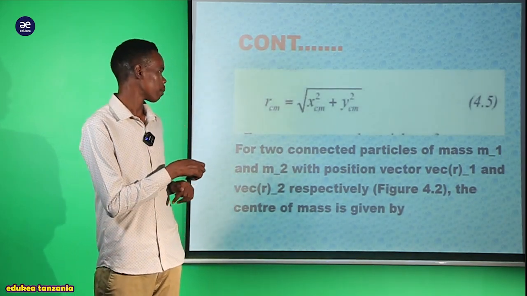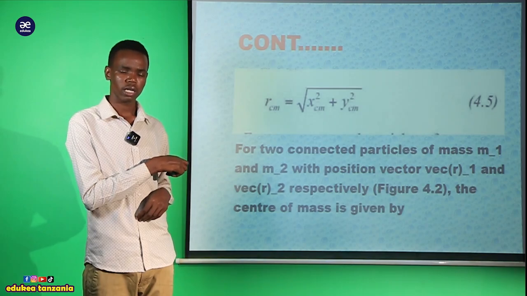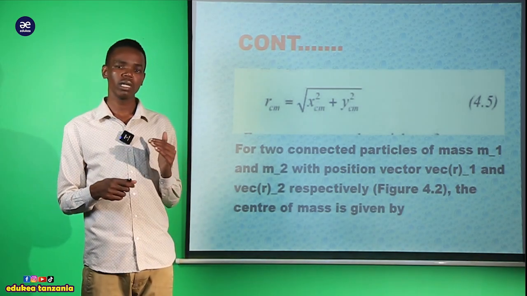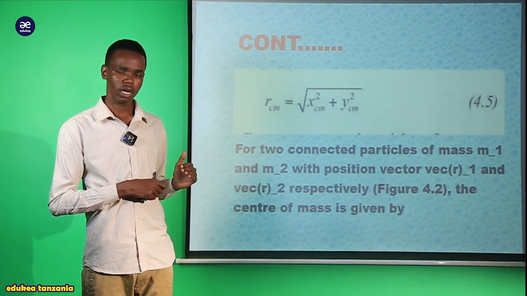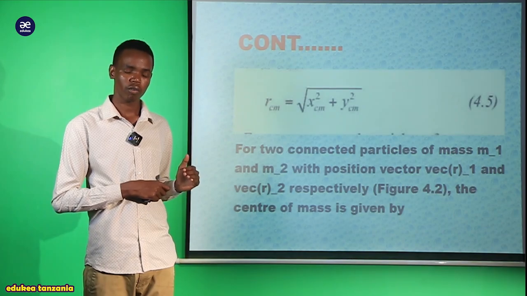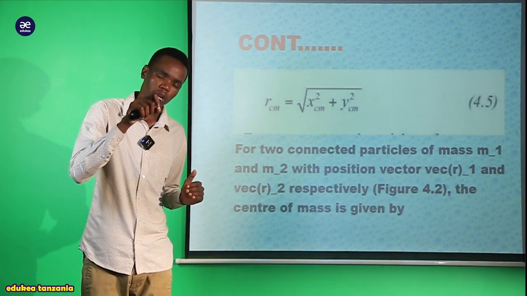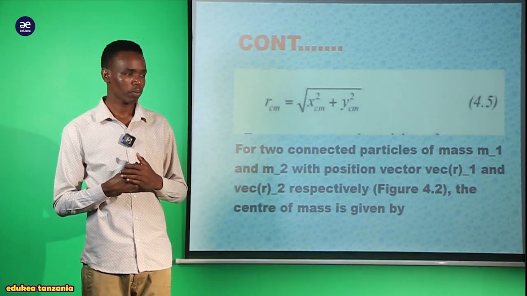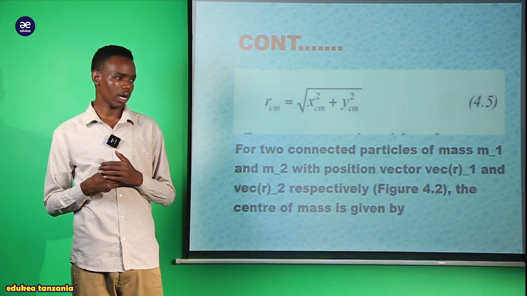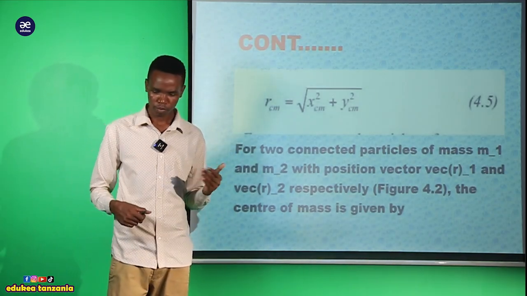The resultant r, located at the center from the origin, must be equal to the distance of the center of mass along the x-axis squared, then we add the distance along the y-axis squared.